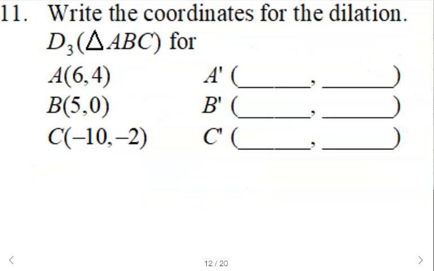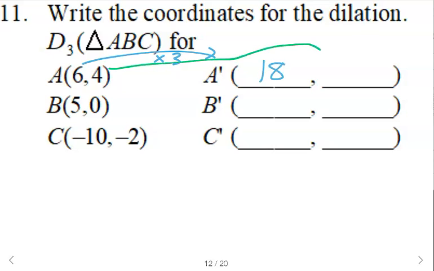All right, this is a dilation with a scale factor of 3. If they don't tell you a center of dilation, it's at the origin. So we're going to multiply each of these coordinates by 3. So this 6 gets multiplied by 3 to give us 18. The 4 gets multiplied by 3 to give us 12.